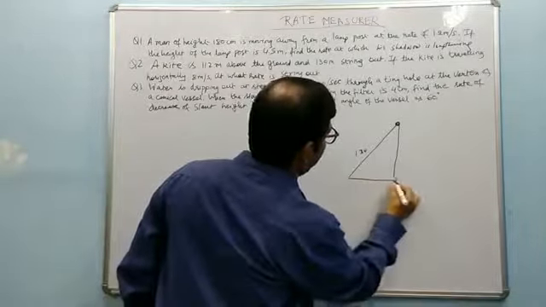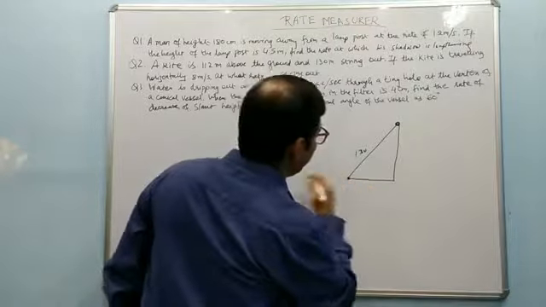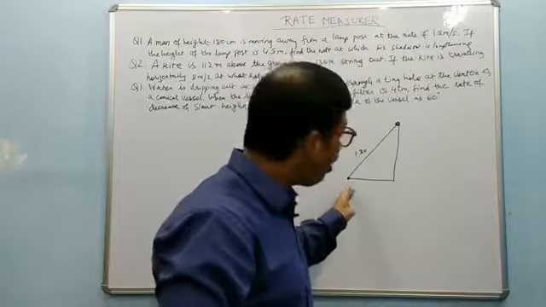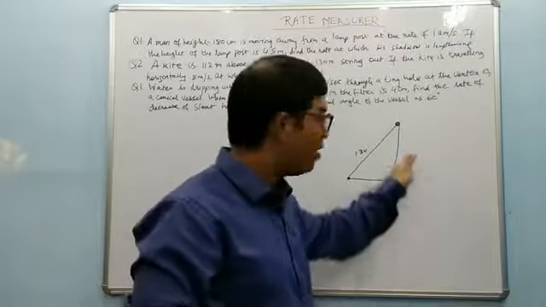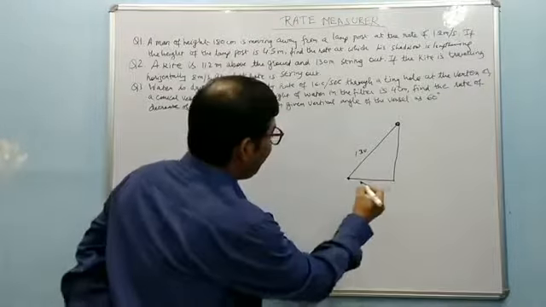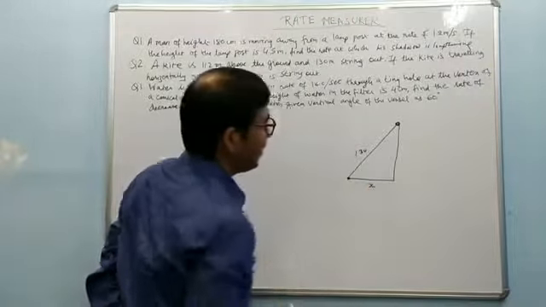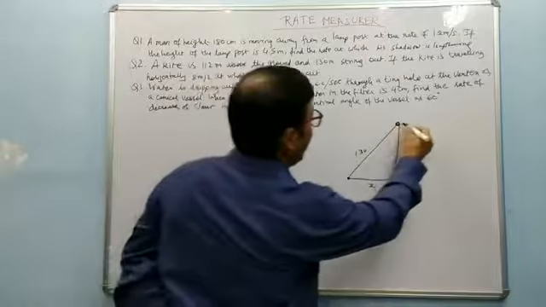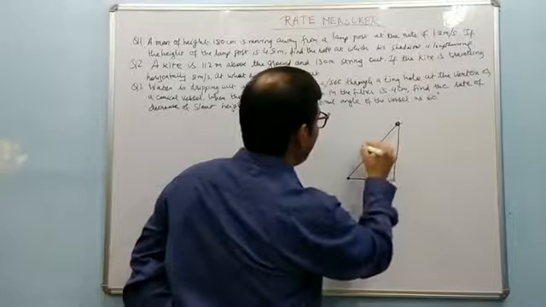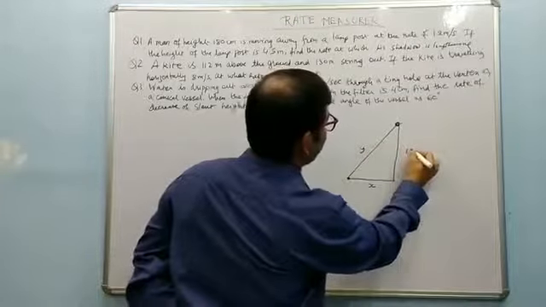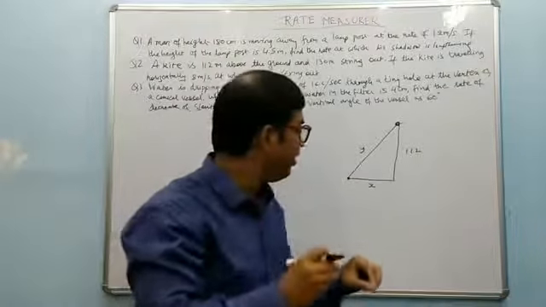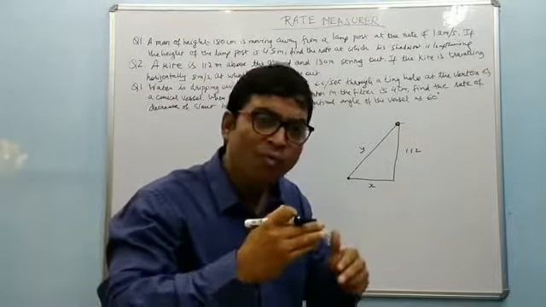Okay, and this is the horizontal distance of the boy from the vertical direction of the kite. So if we take this x, and this is constant, this we take as y, this is constant 112.